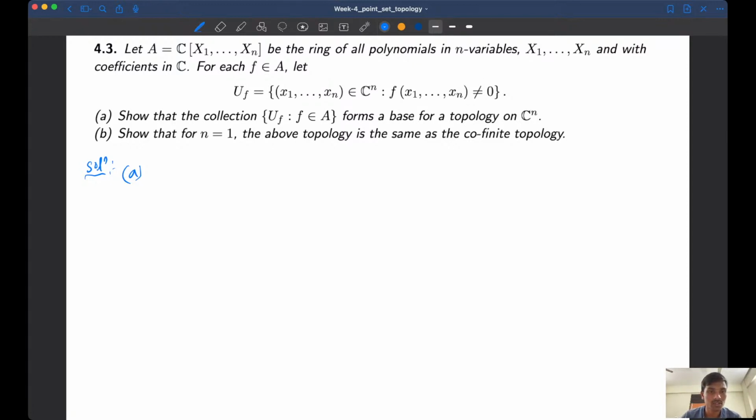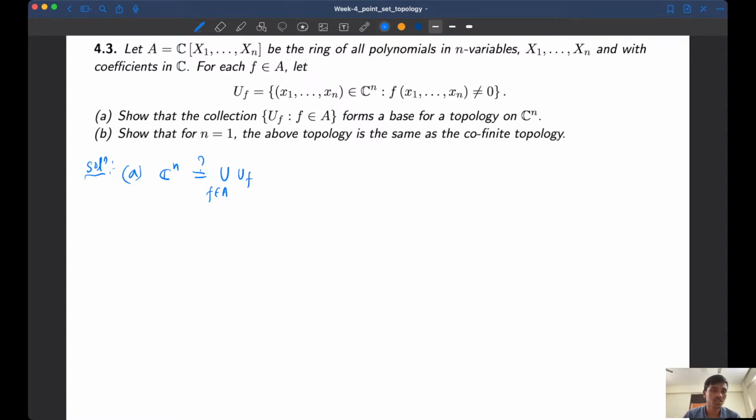So two parts. First let's see whether Cn is the union of this Uf for f belonging to A.